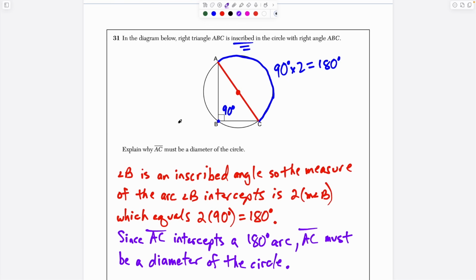Okay, just to summarize what we have here, the 2 points for this question is mentioning that angle B is an inscribed angle, and the arc that is intercepted here is 2 times that amount, which equals 180 degrees. And then the last part of this explanation needs to capture the idea that AC, this segment, also intercepts a 180-degree arc, which then leads us to the conclusion that AC must be a diameter of the circle.